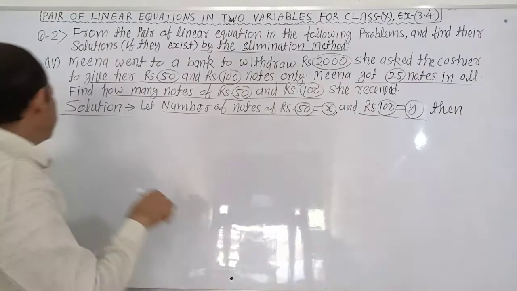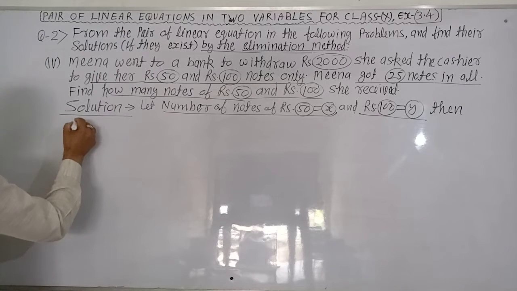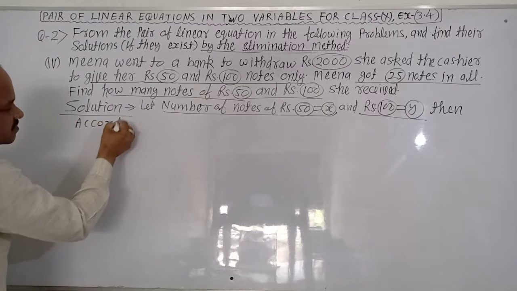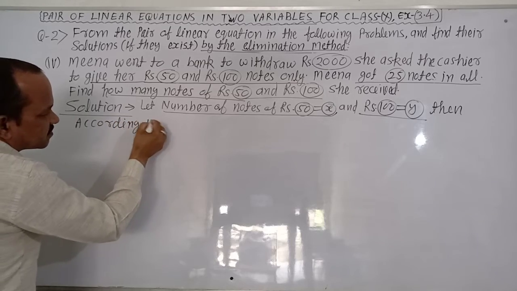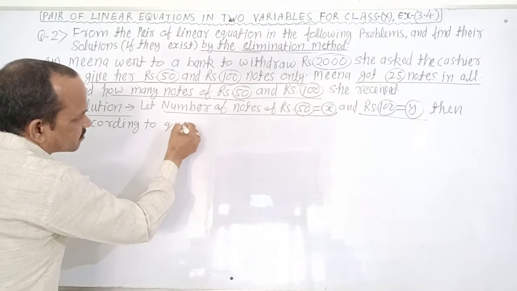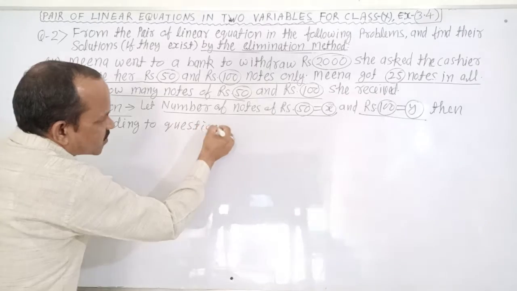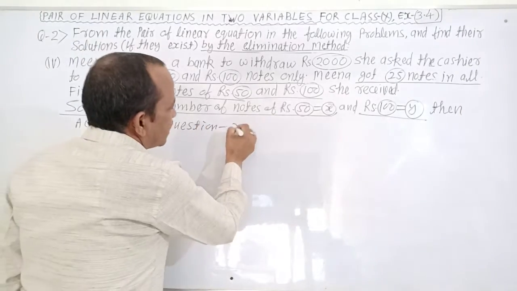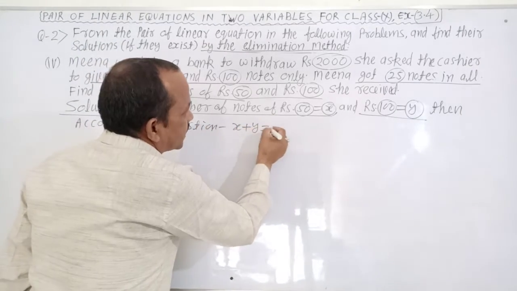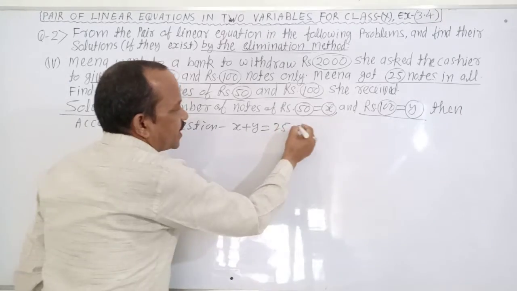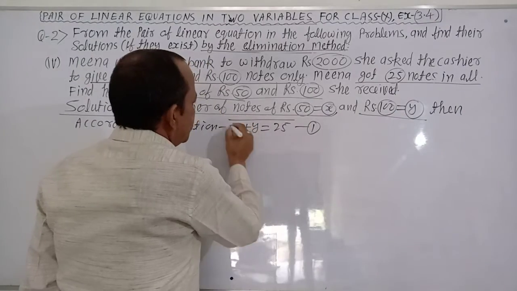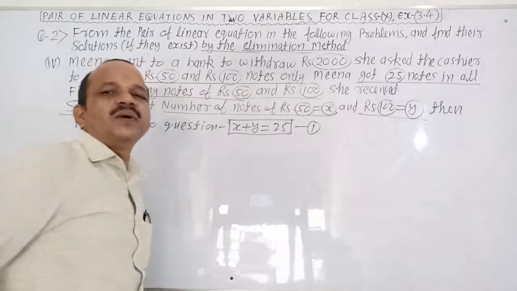Then according to the question, x plus y equal to 25. It is equation first.